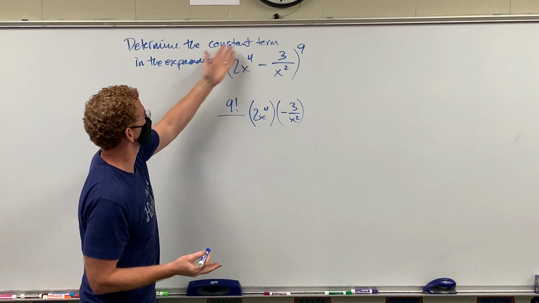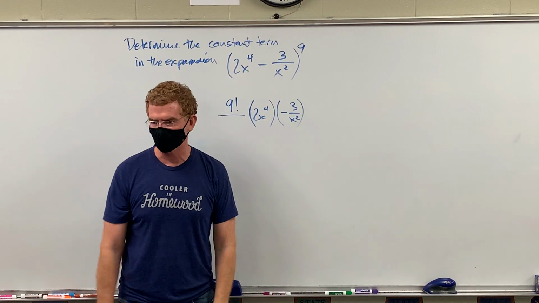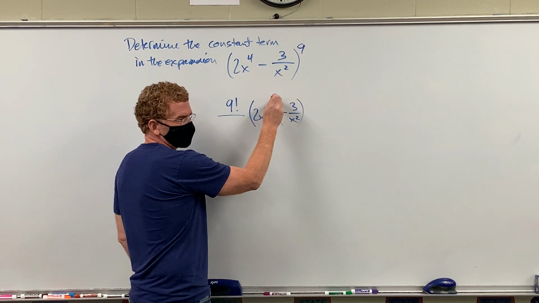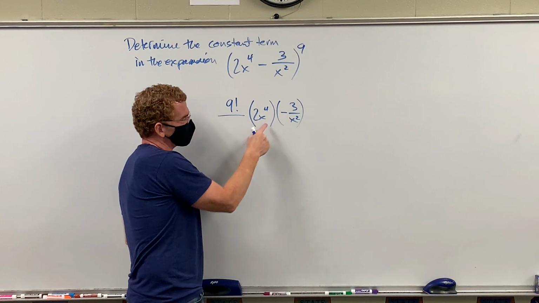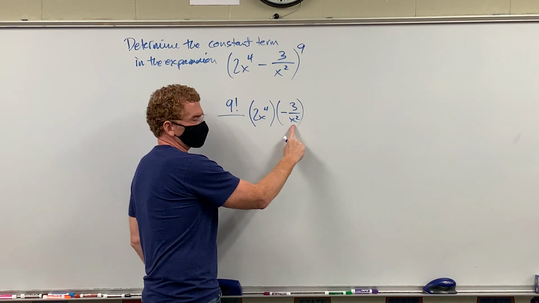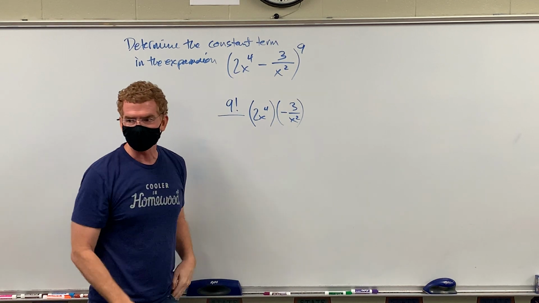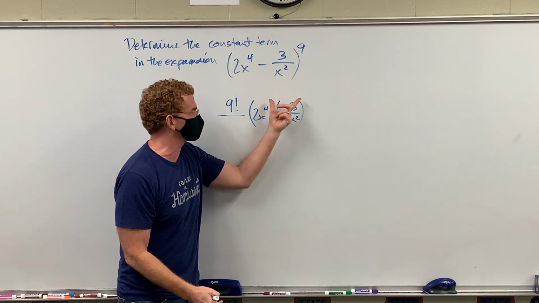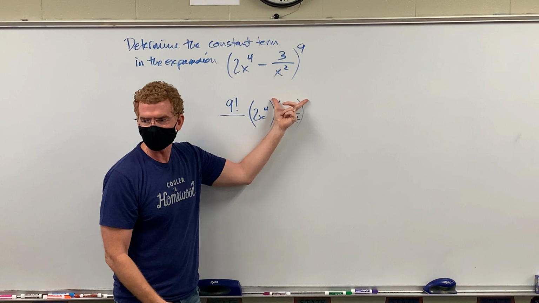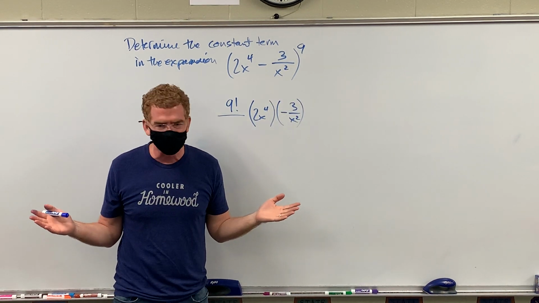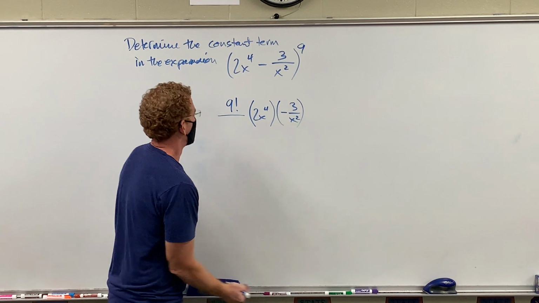A constant term is when all the x's cancel. Can you think of numbers that go here and here that would give me the same number of x's in the numerator and the same number of x's in the denominator so that all the x's would cancel? And then also keep in mind that what do these two numbers have to add to? 9. So listen, I'm going to be like a moron and just totally guess terribly, okay?